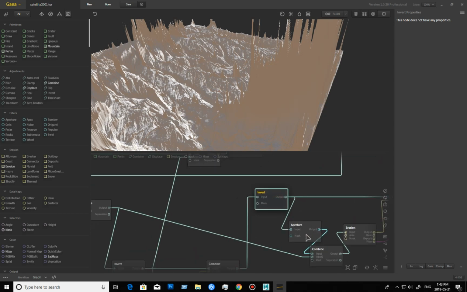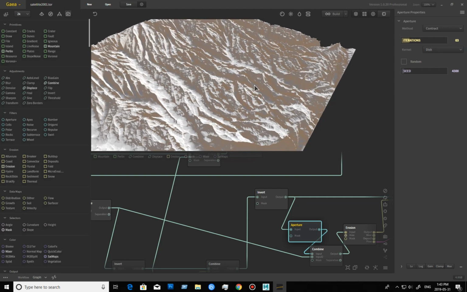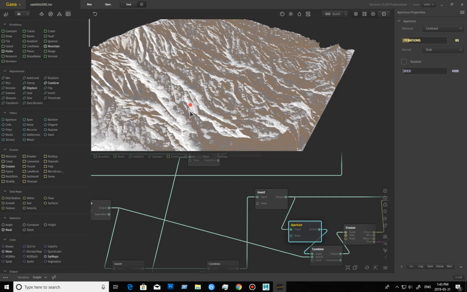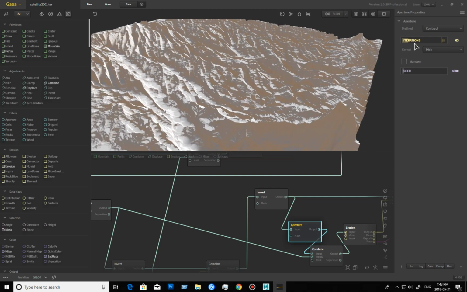So taking this, I went through aperture, and depending on the resolution that I was working with, determined how many times I had to actually run this operation. So I had to run at 3 at 2K. If I go up to 4K, I might have to go to 4. So somewhere in that range of sort of 1 per level.